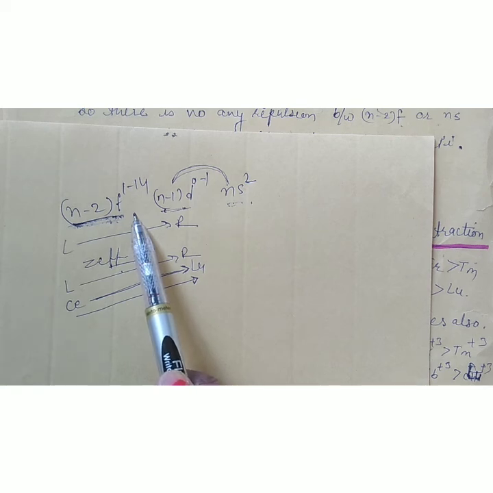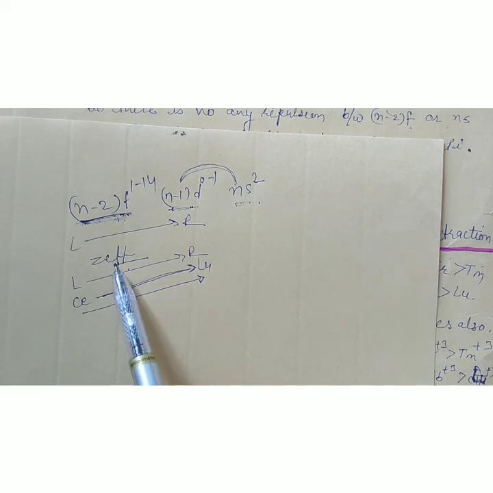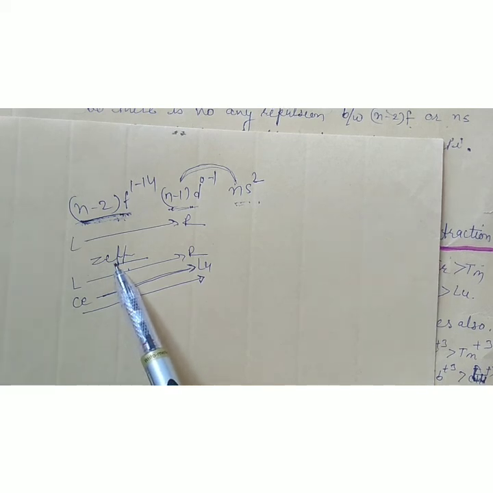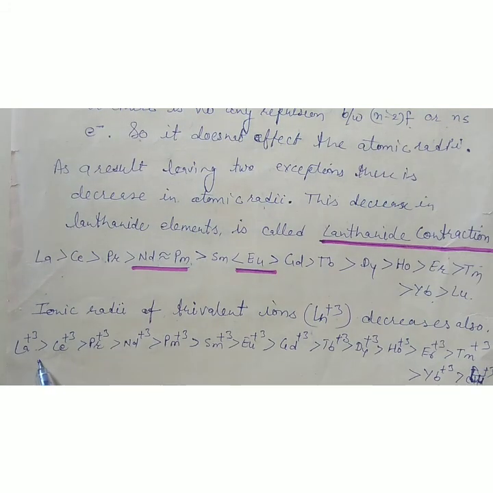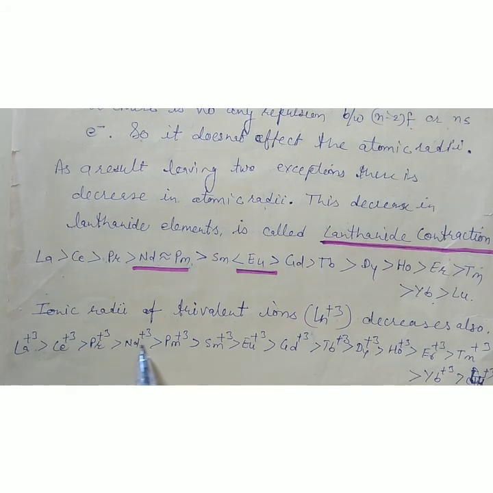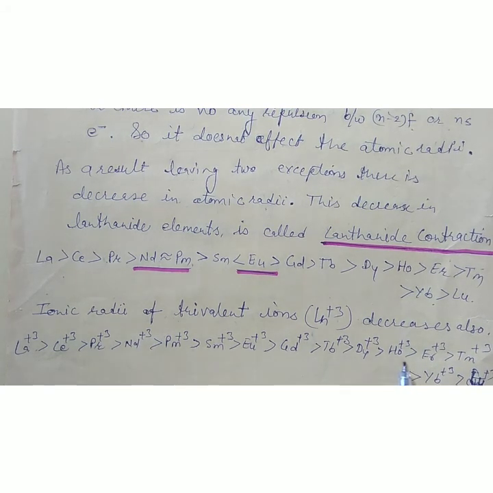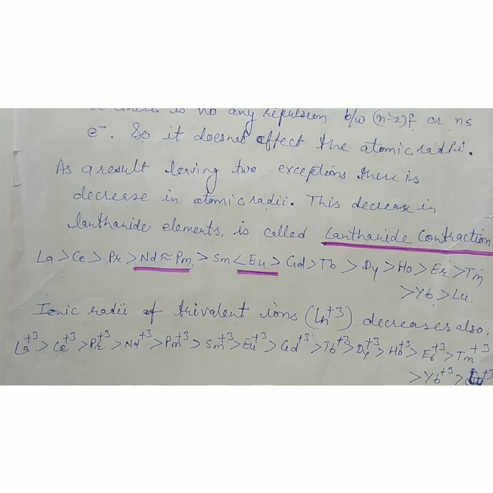So there is no screening effect, only Z effective is present, and so there is a decrease in ionic radii. From lanthanum +3 to lutetium +3, there is continuous decrease in ionic radii.